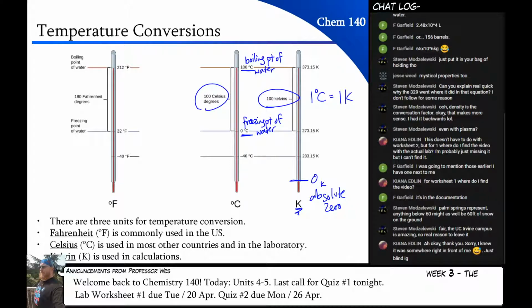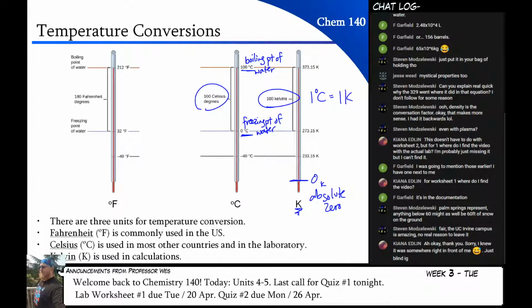We're going to talk about absolute 0 more in 162 when we talk about gas laws, but the gist of absolute 0 is that temperature is a measure of kinetic energy of molecules. How fast are they moving? How much energy do they have to move around, vibrate, spin, that sort of thing. At 0 Kelvin, molecules have 0 energy.